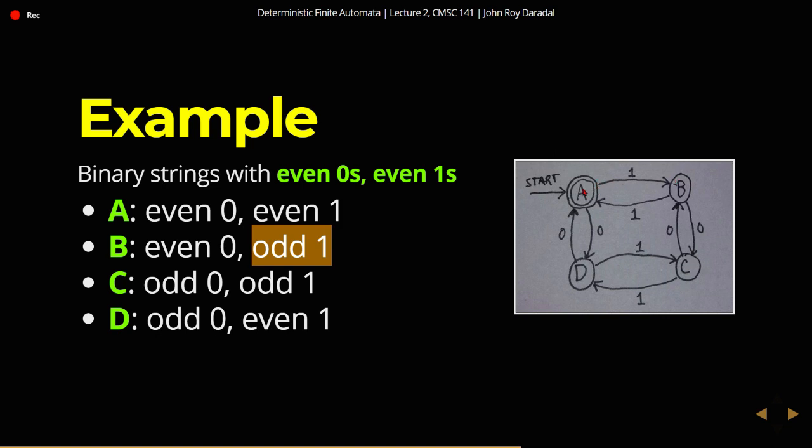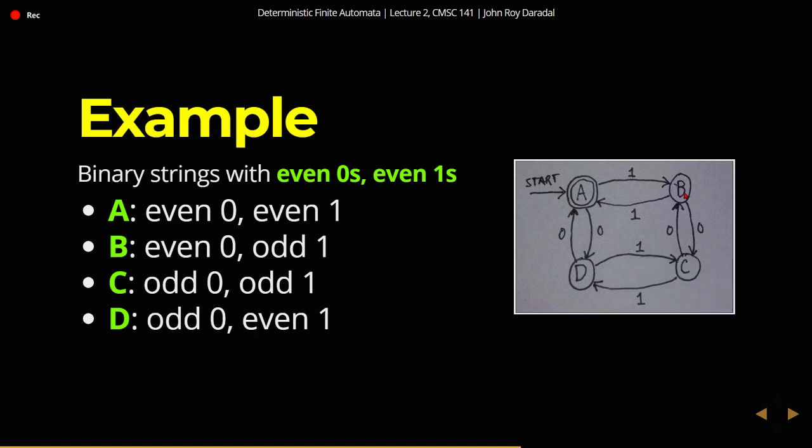We've only seen ones. So from A, on a 1, we go to B because we'll have an odd number of ones. But from A, if we see a 0, we'll transition to state D. And that is the state of having an odd number of zeros and an even number of ones. So here, you haven't seen 1 yet, and then you saw a 0, so there will be an odd number of zeros now, and then even number of ones still.